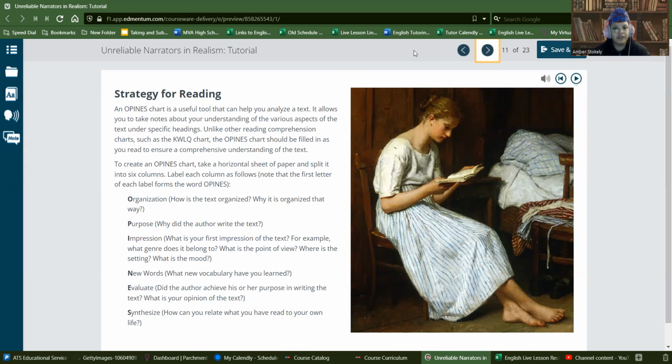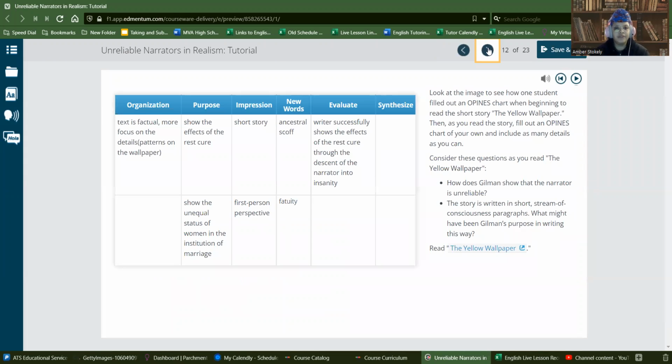Alrighty. On slide 12, they give you an example of an OPINES chart that has been partially filled out by a student. So they give you a couple questions about the text that you should consider while you're reading. And that combined with this chart should give you an idea of what to look for.